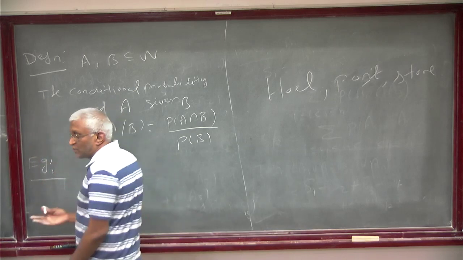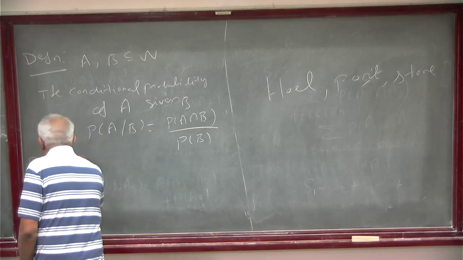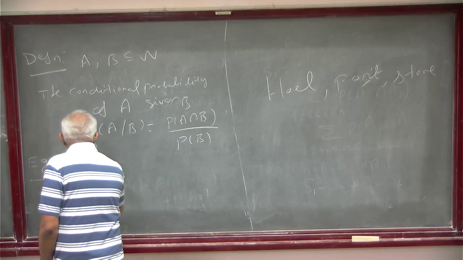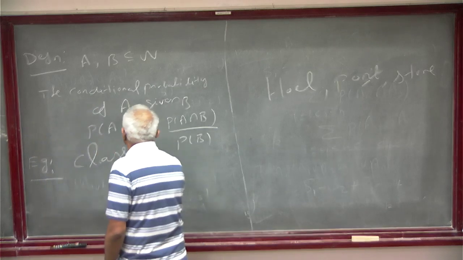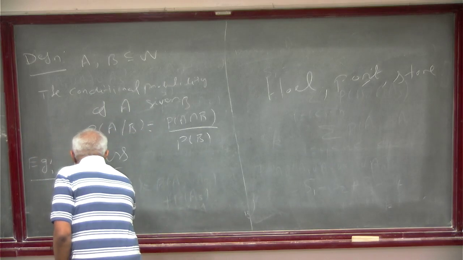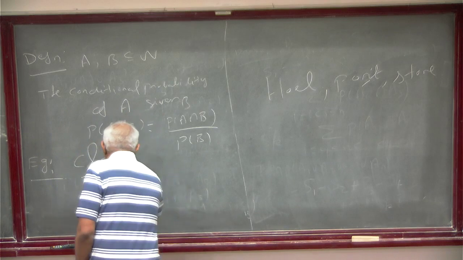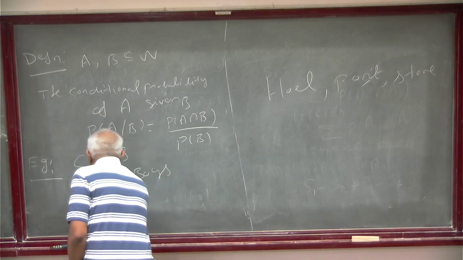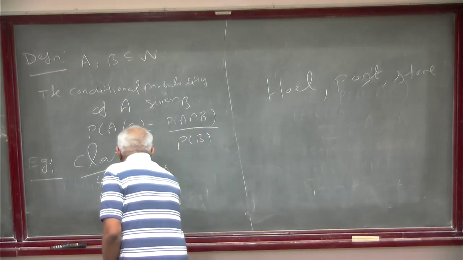So suppose we take a CMI classroom, a DSC class. This is also not very realistic, but let's hope that this will become real. Say some 40% boys, and 60% girls.